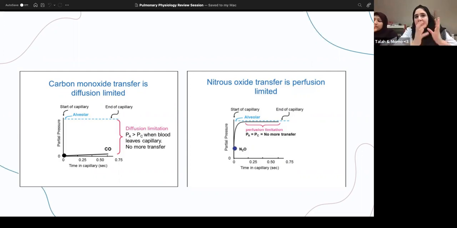Once the oxygen is saturated and bound to the hemoglobin, we can't have more oxygen in the blood. But carbon monoxide is limited by the diffusion, like how much carbon monoxide we have in the lung, because it binds rapidly to the hemoglobin. Do you get this, or is it confusing?